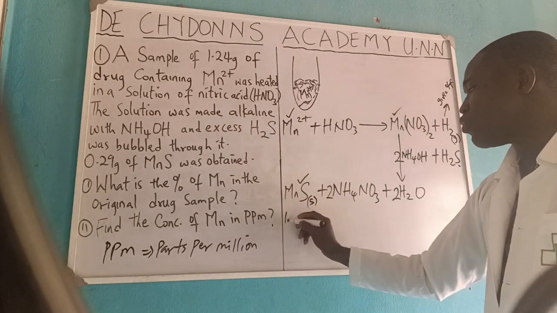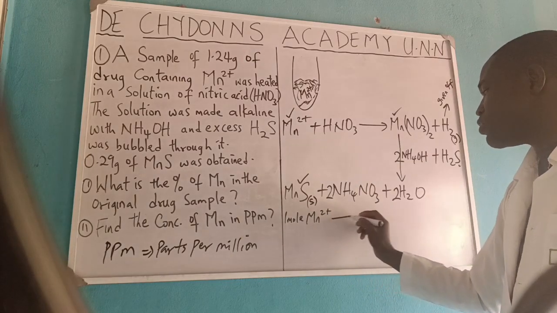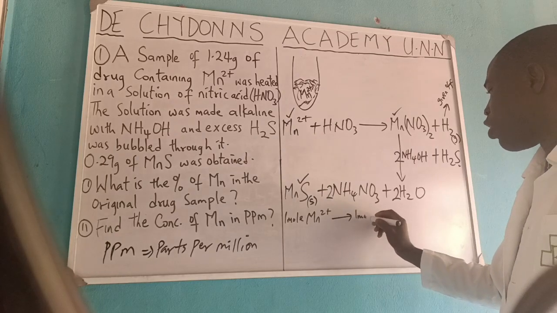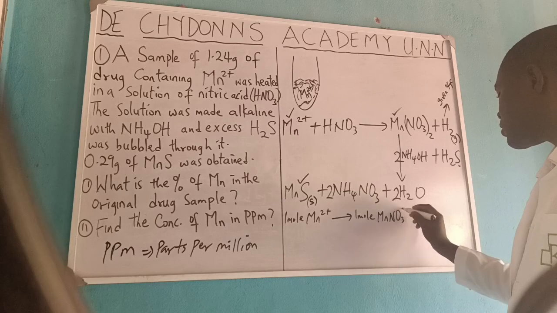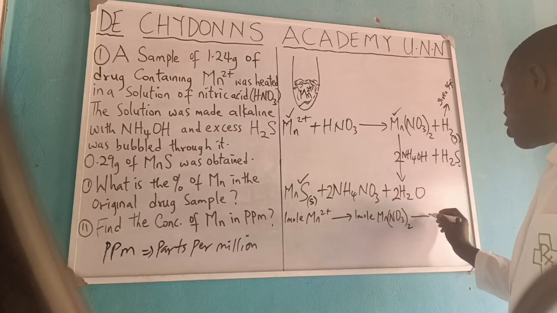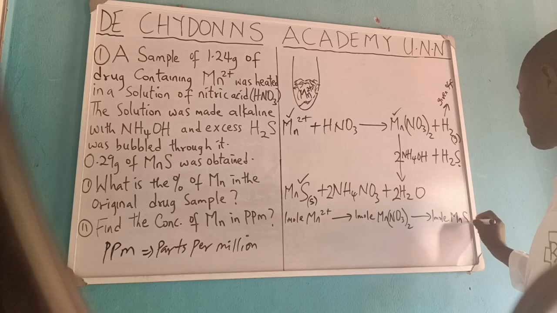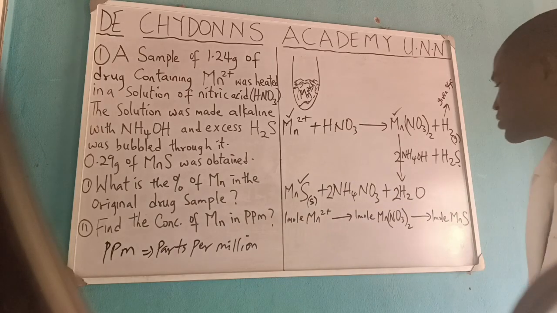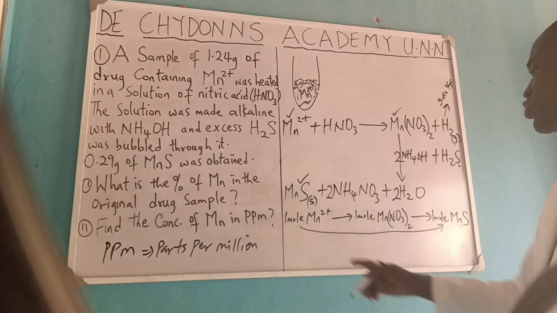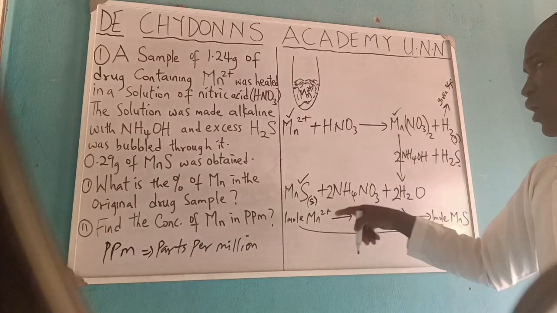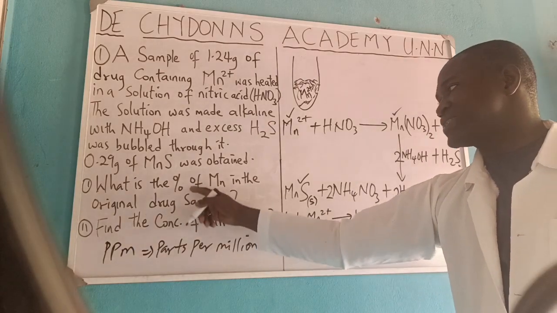I will say 1 mole of manganese from my well-balanced equation produces 1 mole of manganese, and also produces 1 mole of manganese sulfide. Are you getting it? I will just take this because this is what I need. I need to know the quantity of this.